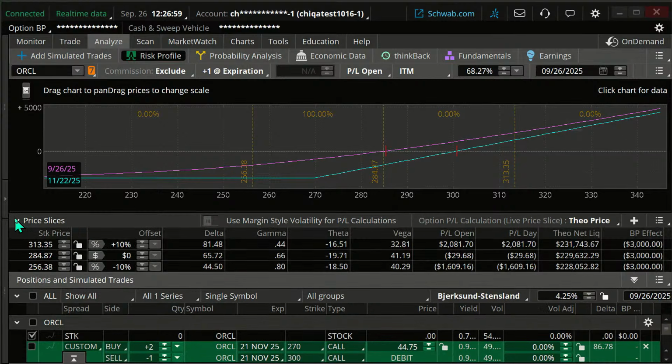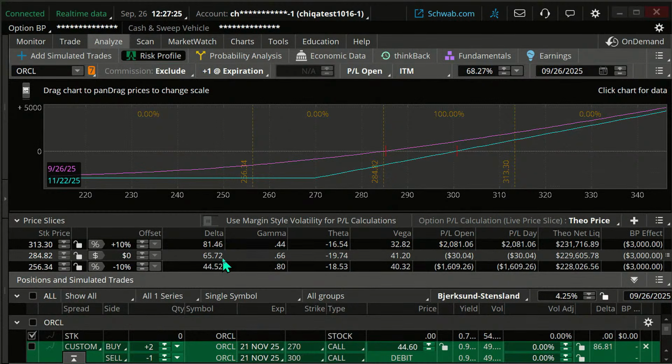And of course, there are always pros and cons on this. Delta on this trade is 65. On the other trade, it was 86. The other trade was significantly more bullish than this proposed trade.